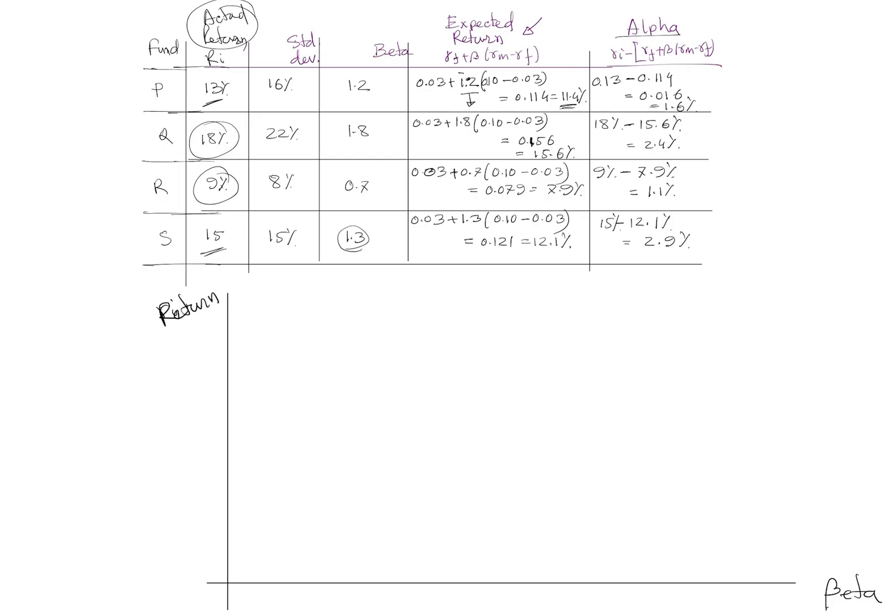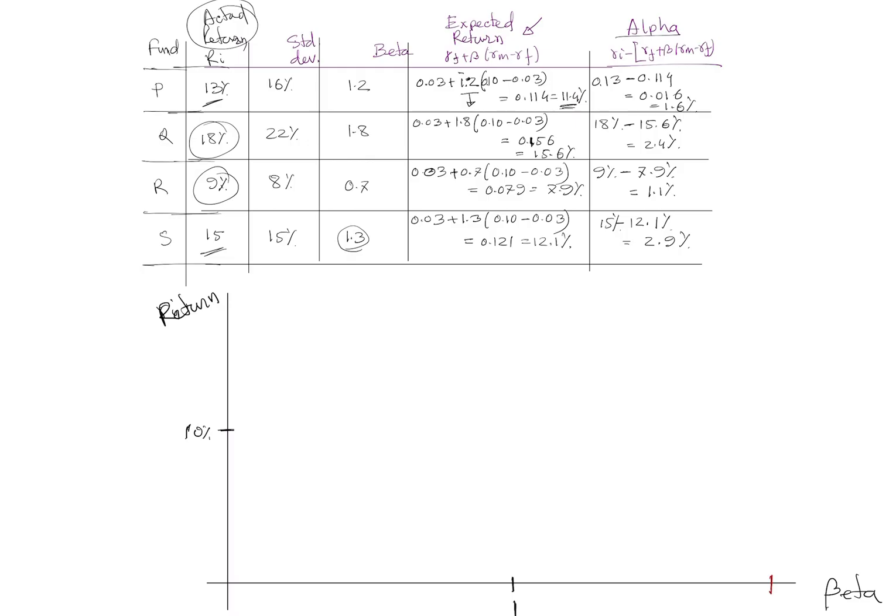So let's just do in between, maybe in here, this is 10%. And in the middle, let's say this is 1. Now let's see what we have here. If this is 1, this probably will be 2.